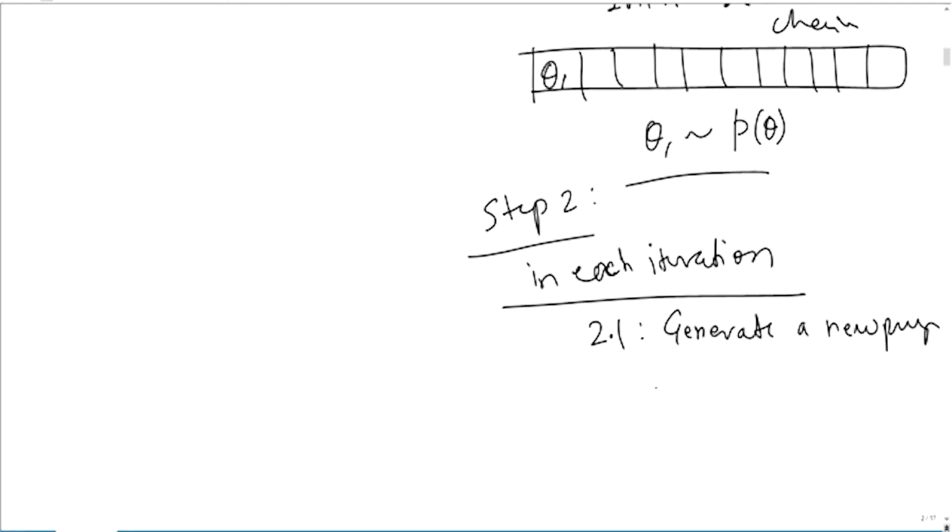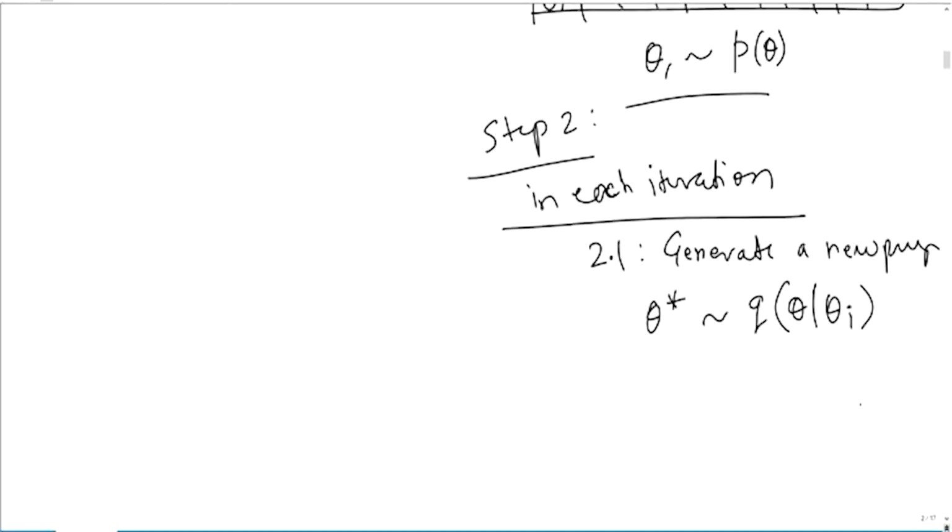How do we do this? Let's say you generate a new proposal theta star from a density q of theta given the current state of the chain, let's say theta i. That's how you generate a new proposal.